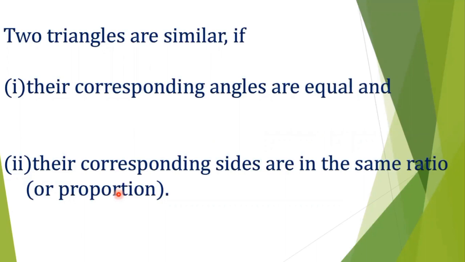So if the corresponding angles are equal and the corresponding sides are in the same ratio in two triangles, then the triangles are said to be similar. This is the definition of similarity of triangles.